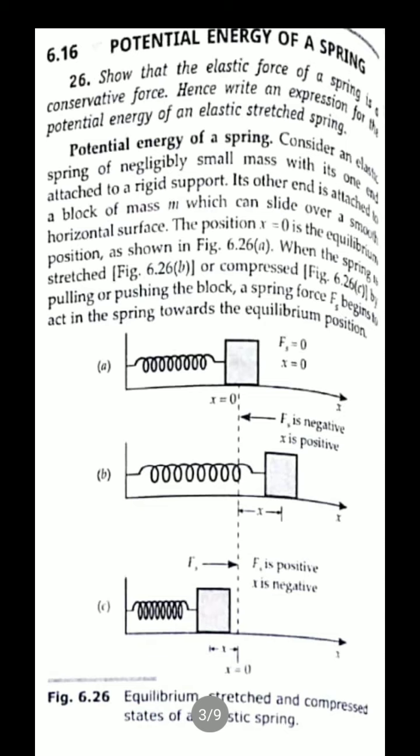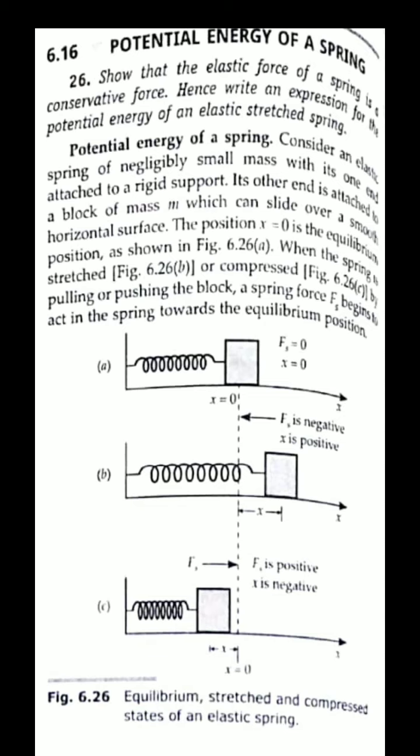Now we discuss potential energy of a spring. Potential energy of a spring, this is a very important topic. And the elastic force, this elasticity we also studied in the second part, the chapter on mechanical properties of solids.